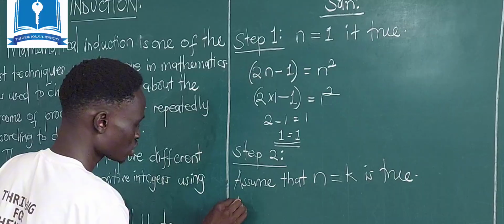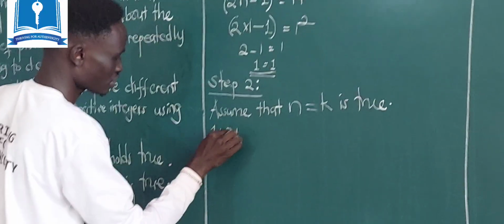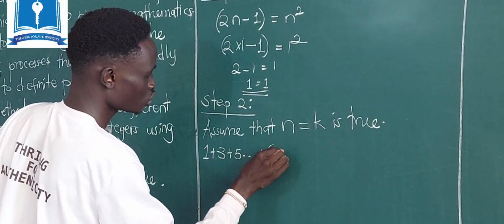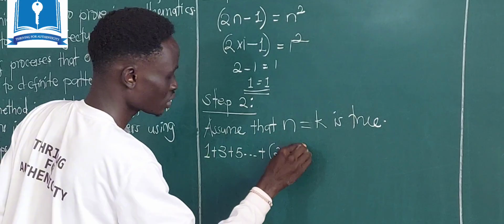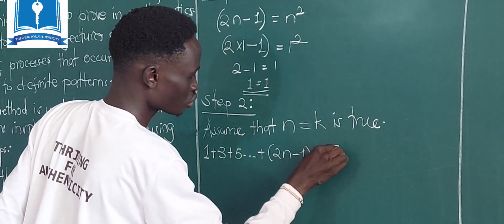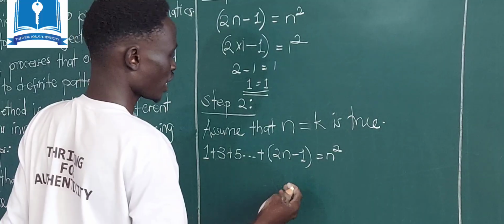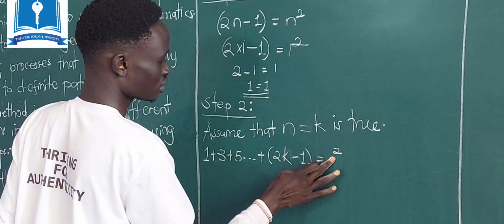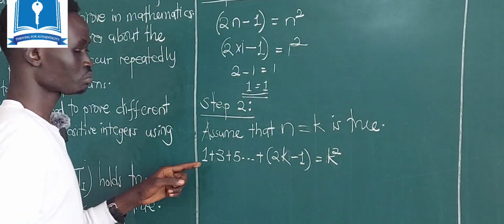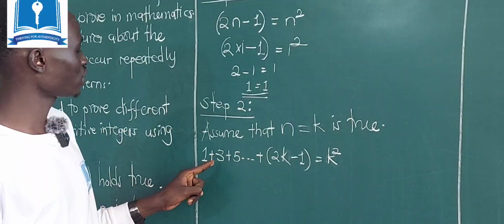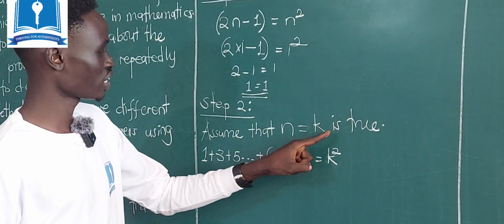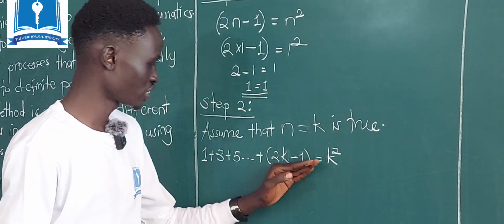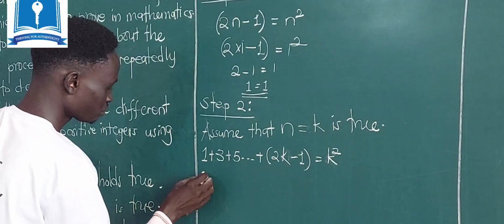So it will be 1 plus 3 plus 5 up to 2k minus 1 equals k squared. Every value of n, you put k. So we have assumed that n equals k, which is true. This is the assumption that we made. We are assuming that it is true. Now let us come to step 3.